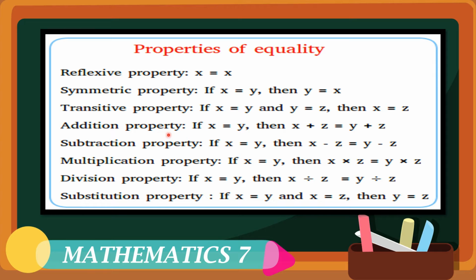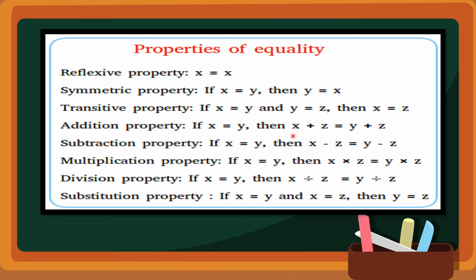Addition property. If x is equal to y, then x plus z is equal to y plus z. Subtraction property. If x is equal to y, then x minus z is equal to y minus z.